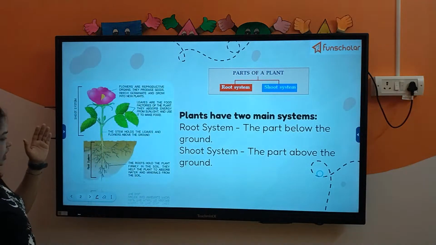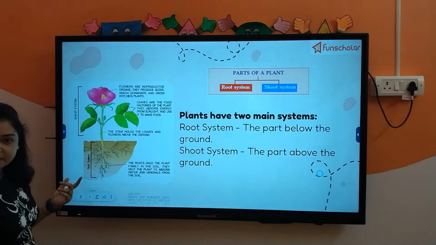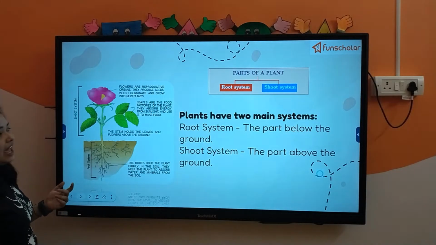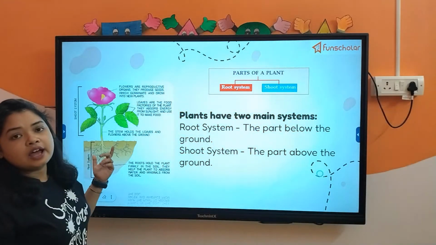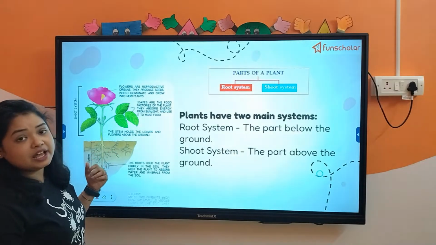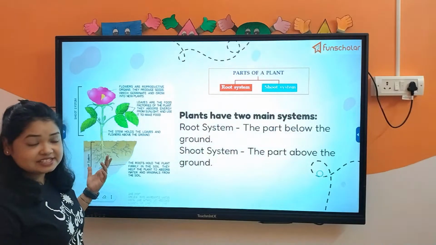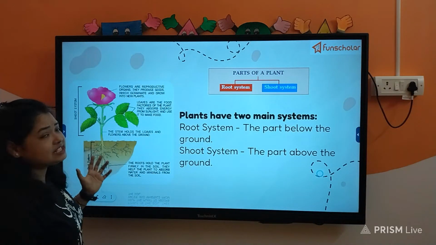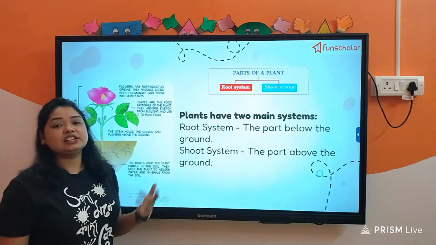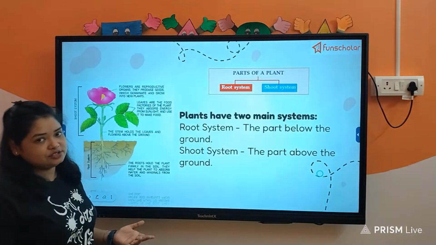And the root system helps in absorbing the water and the minerals from the soil, and the shoot system actually helps in synthesizing the food with the help of the chlorophyll in the presence of the sunlight, and also the upper part of the plant takes part in other functions such as the pollination, fertilization, so on and so forth.